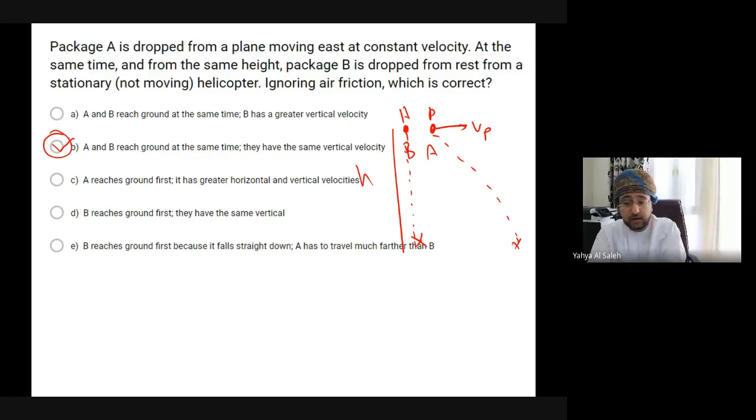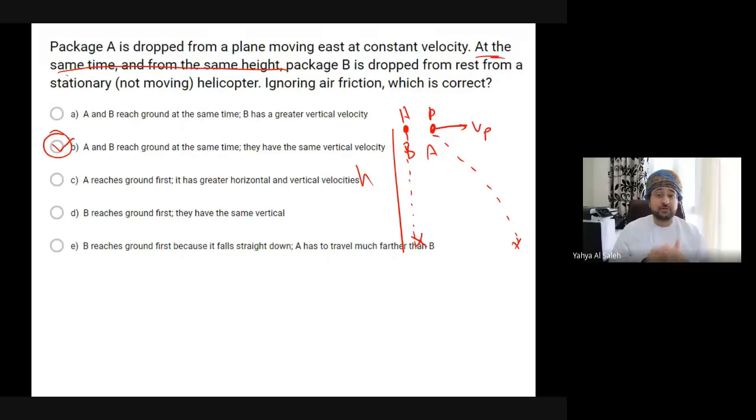If we are assuming that they are released at the same time and from the same height, they're going the same y distance. X and y don't speak to each other no matter what. So this is the amazing bit: the fact that A has a horizontal velocity makes no difference.